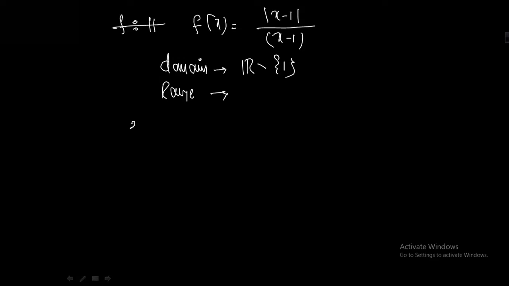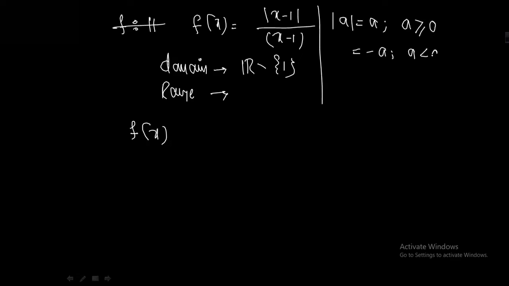দেখ, f(x) is equal to, একটা ডেফিনেশন কে একটু রিকল কর। Mod of a is equal to a if a is greater or equal to 0 and minus a if a is less than 0.